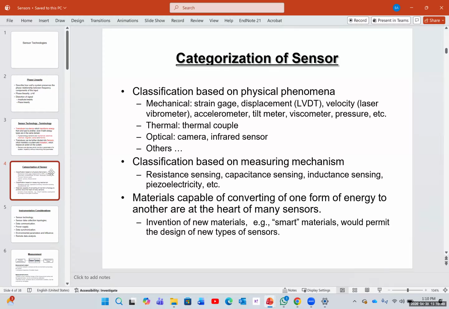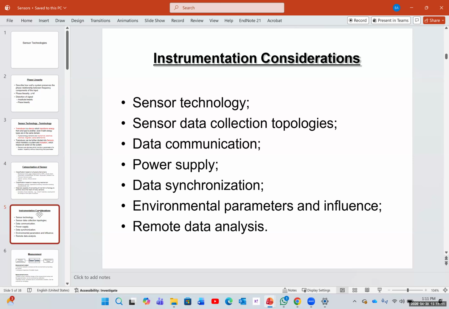Magnetic is another one. Photodiodes are another one that works with light. And then we have materials capable of converting one form of energy to another, which we call smart materials. And these smart materials act like a piezoelectric system.